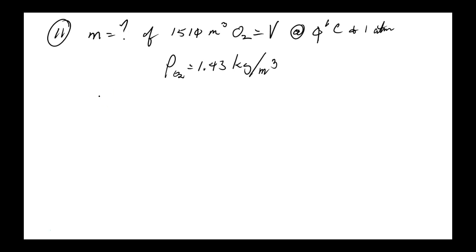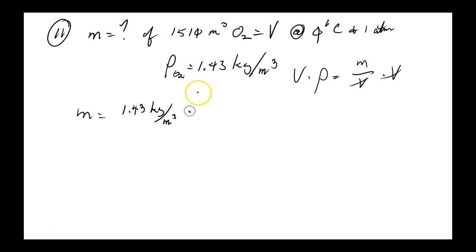Density equals mass over volume, and we're looking for mass, so what would we do? Multiply both sides by volume, and that gives you mass. So mass equals density, 1.43 kilograms per cubic meter, times volume, 1510 cubic meters. See how friendly your units are? And that gives you kilograms, which will be mass.